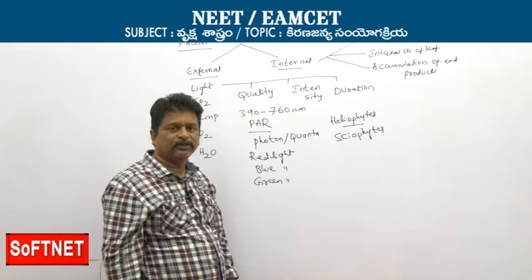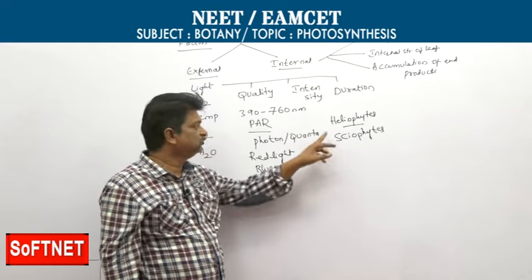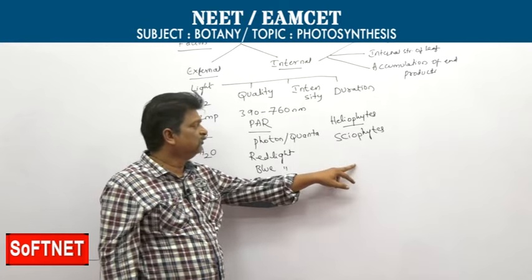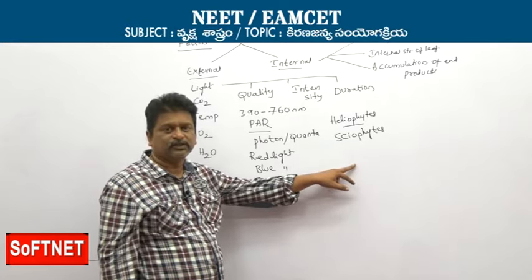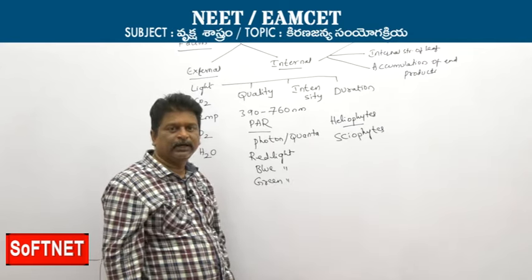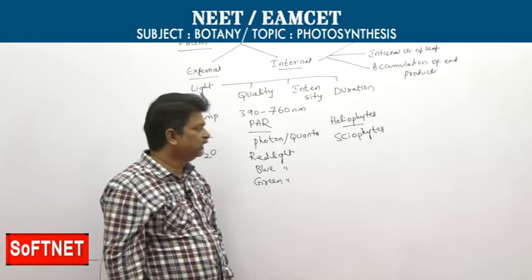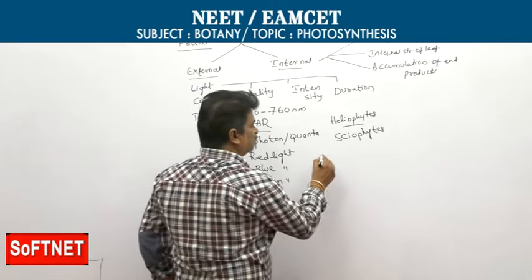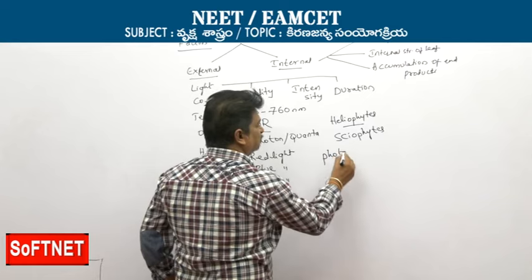Generally, with the increase of light intensity, the photosynthetic rate is increased. But at high light intensity, chlorophyll structure is destroyed.